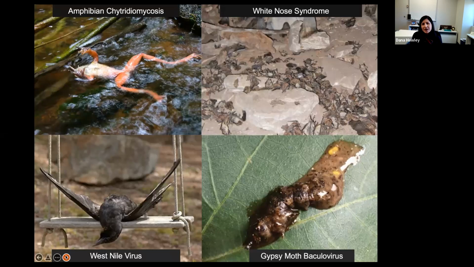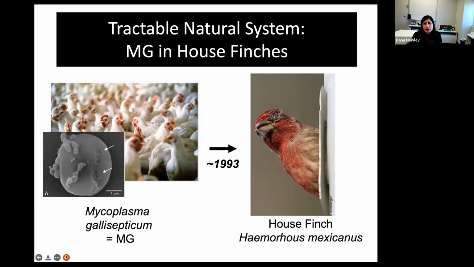But we still have a fairly limited number of empirical systems that we've really been able to explore in terms of virulence evolution. So today I'm going to tell you about a songbird system where we've been able to use this natural system to understand some of the factors that contribute to both host and pathogen evolution in this system.